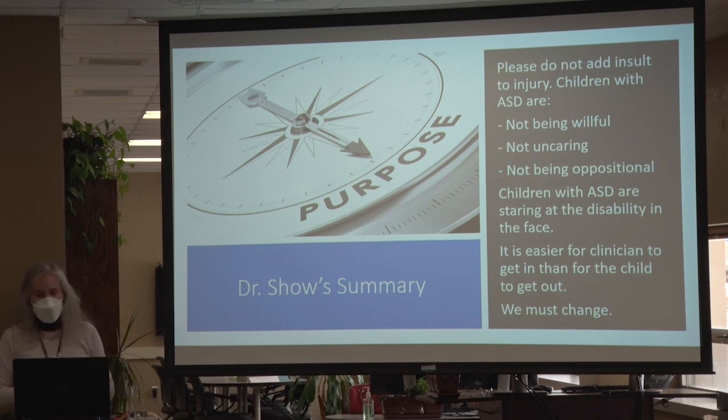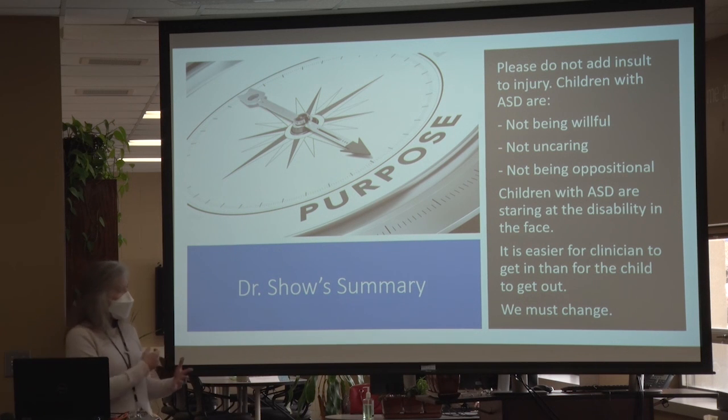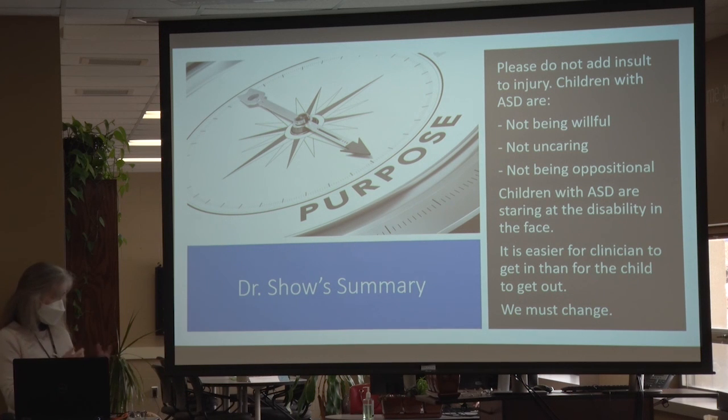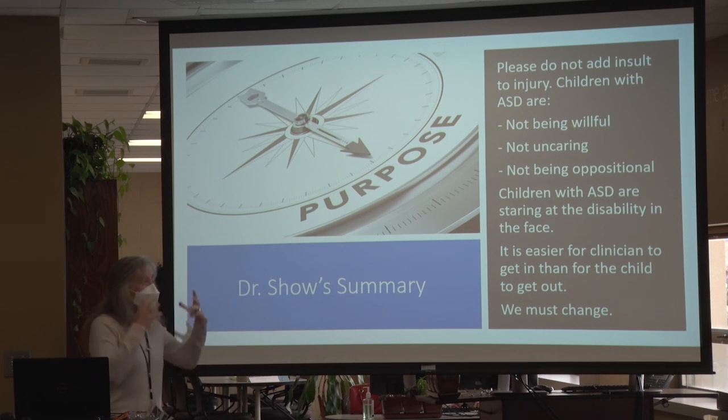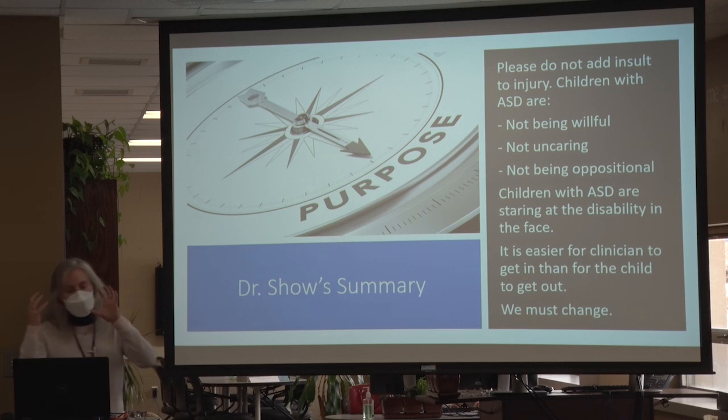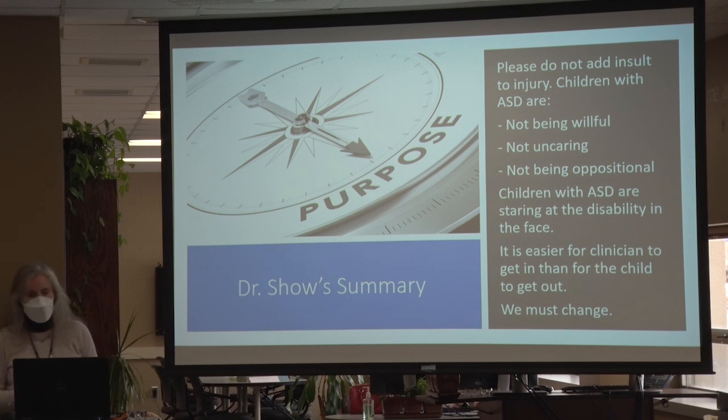Okay, it's right in their face. So it's easier for us as the clinician to get in to support these kids, to support the communication partners, than it is for the child with autism to get out. And her message is we have to change to help support them. It doesn't mean that we can't help foster growth and development, but we really need to start focusing on understanding what's going on for that child and supporting communication partners so they can be successful.